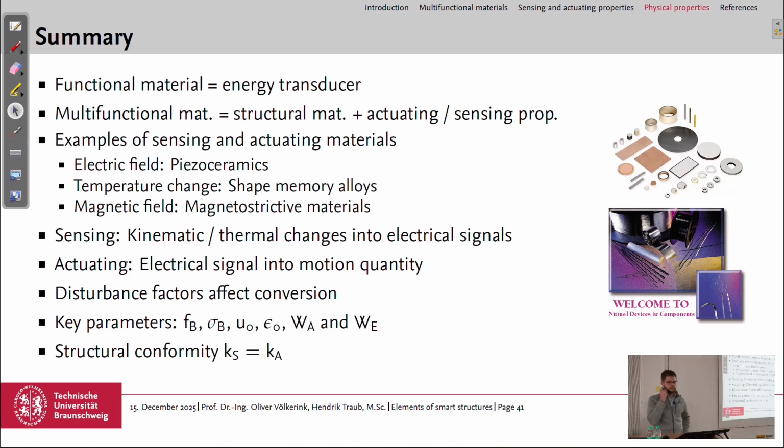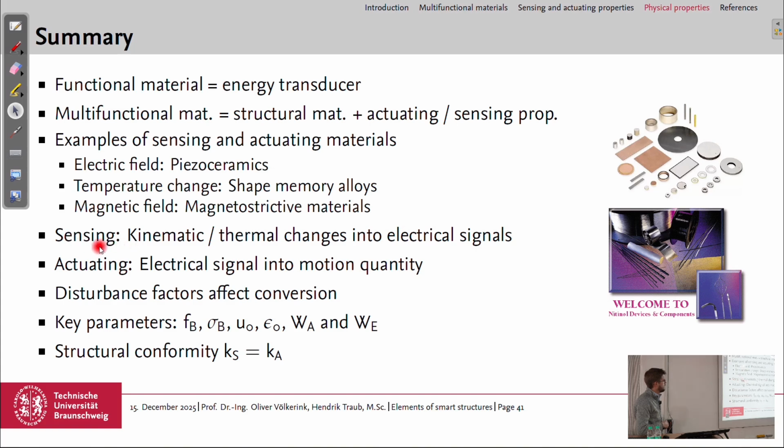So with that, we come to the summary of this lecture. Functional materials are energy transducers. Multifunctional materials are structural materials which also have actuating and sensing properties, like for example piezoceramics. We have had examples of sensing and actuating materials: for the electric field, transducers such as piezoceramics; for temperature changes, the shape memory alloys; and for magnetic field, for example, magnetostrictive materials.